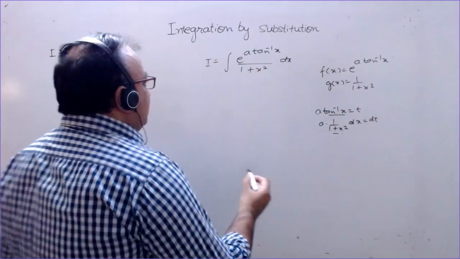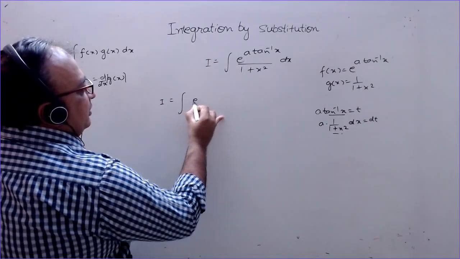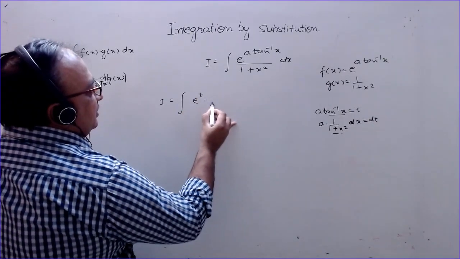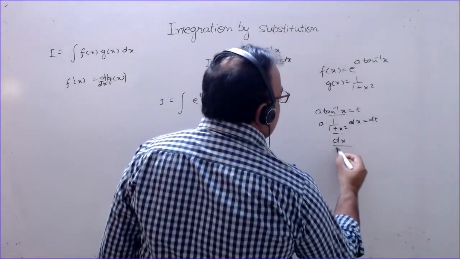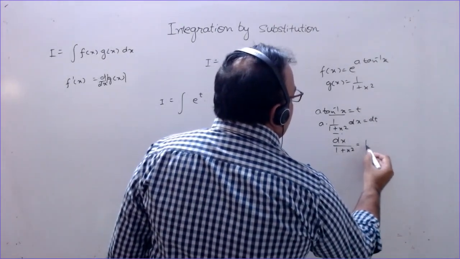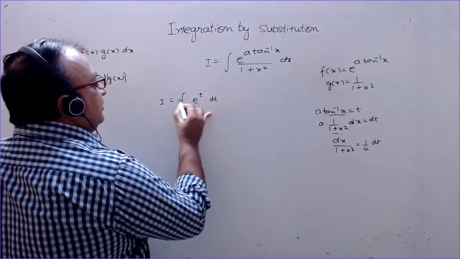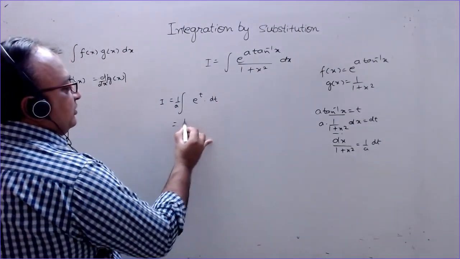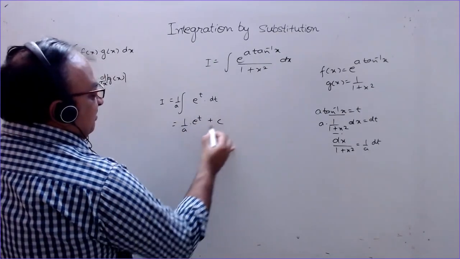After substitution, the question becomes e to the power t, and dx over 1 plus x square is equal to 1 by a dt. The 1 by a is outside because this is a constant. So the answer is 1 by a e to the power t plus c.